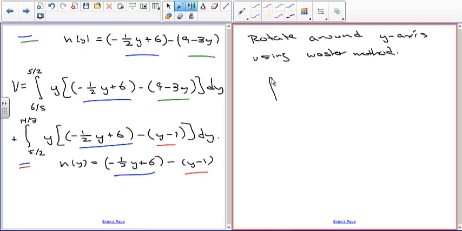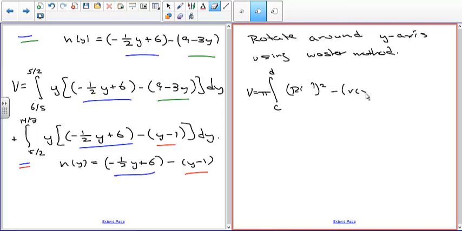And the equation is, washer method just has pi. You integrate from c to d of R of y, which is the outside radius, squared minus small r of y, it's a function of y, not x, squared, the whole thing times dy.